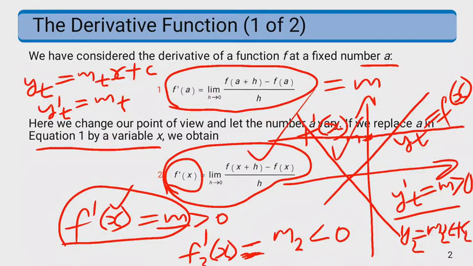We know that m2 is less than 0, so suppose somewhere here you have m2, and then the graph of f prime of x will be just this straight line, but which is below the x-axis, because now m2 is negative.